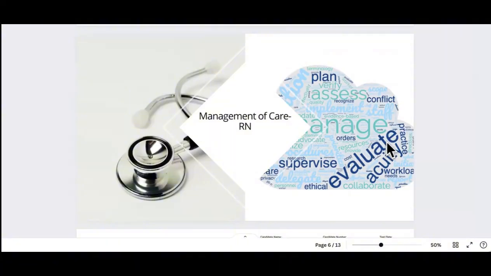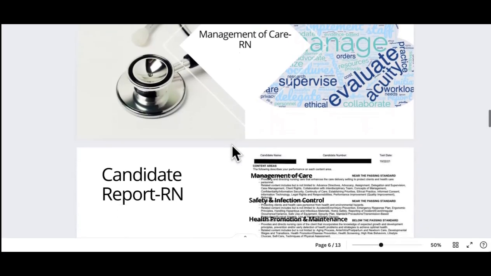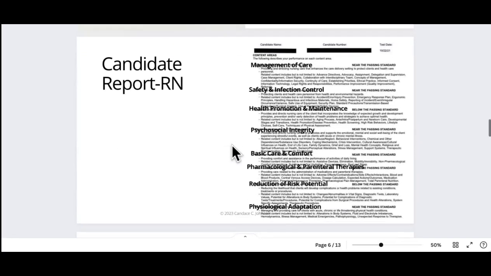The larger the word, the more often you're going to see that word associated with this category, okay? Evaluating, acuity, right? Supervising. So there's a lot there, and I have a word cloud for each of the 8 sections. So if you look at the test plan video there, you'll see how those words might differ for each of the 8 categories.